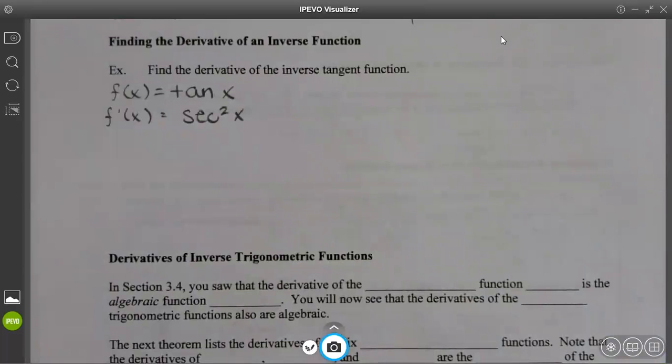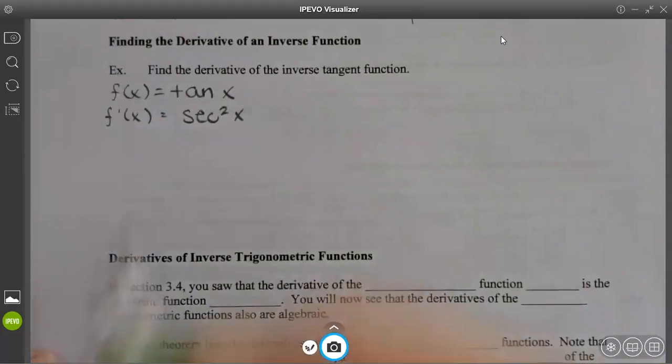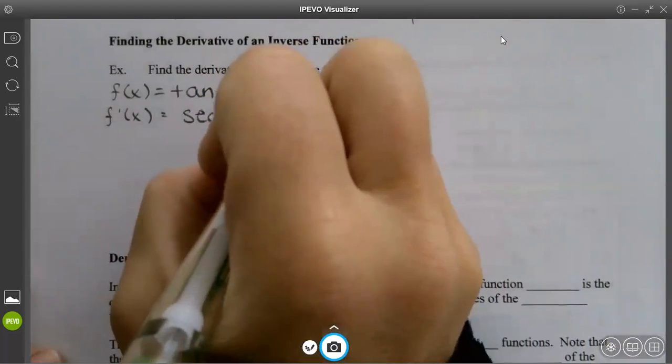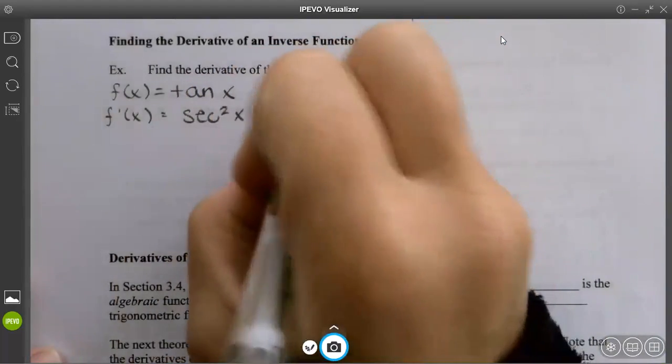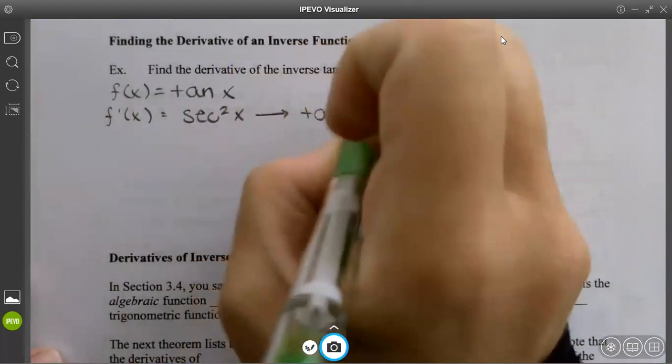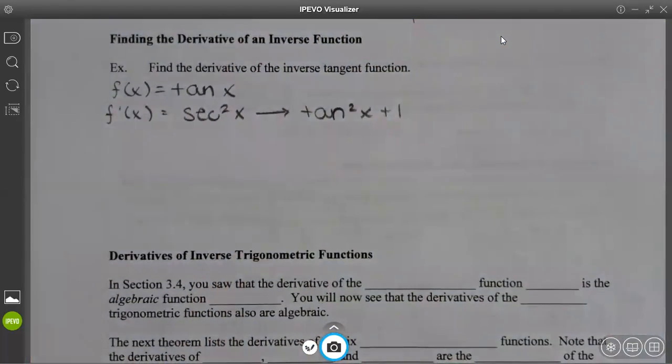Secant squared x can also be written. How about this? Anybody see that in there? You should. Secant squared x. It might be on the back side. It's in there.